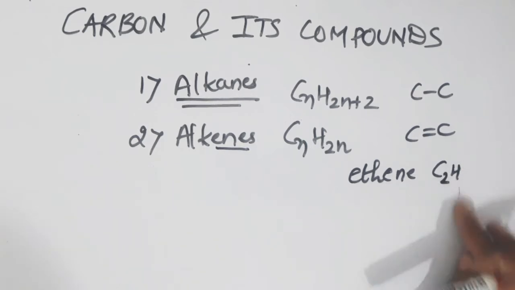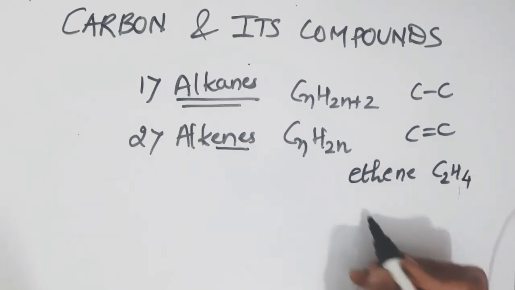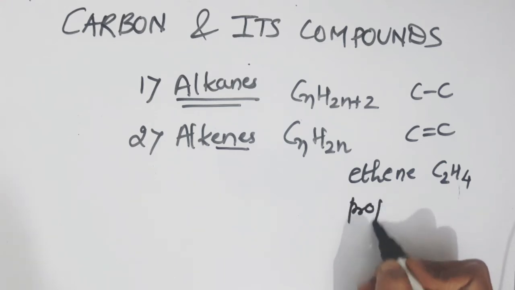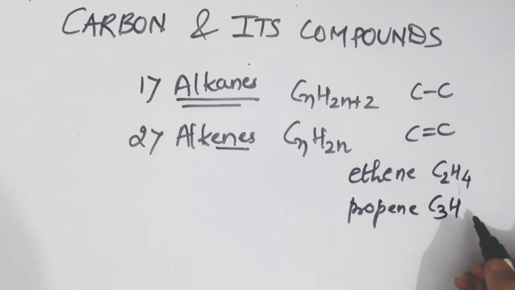Ethene will have a formula C2H4. Now, if you see propene, it will have a formula C3H6. Further on it goes up.